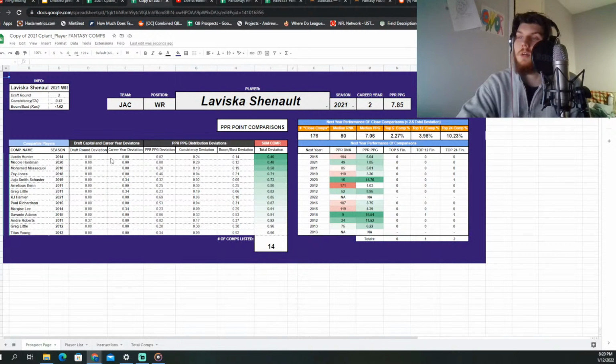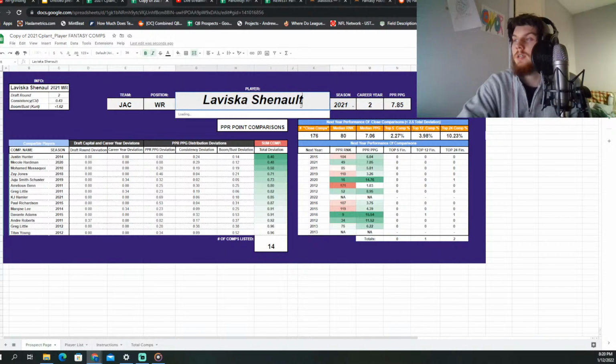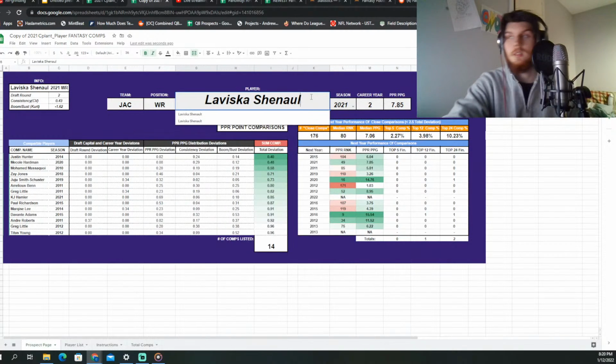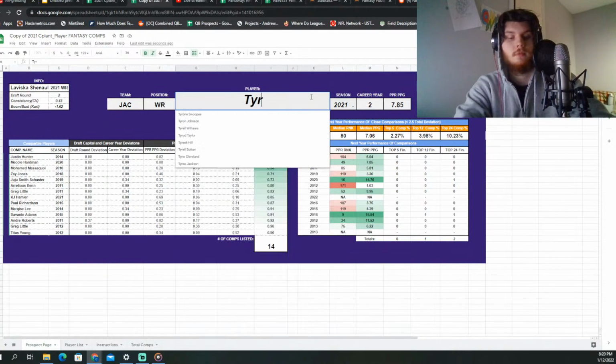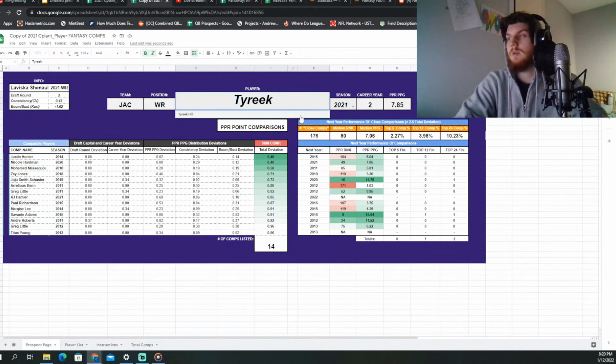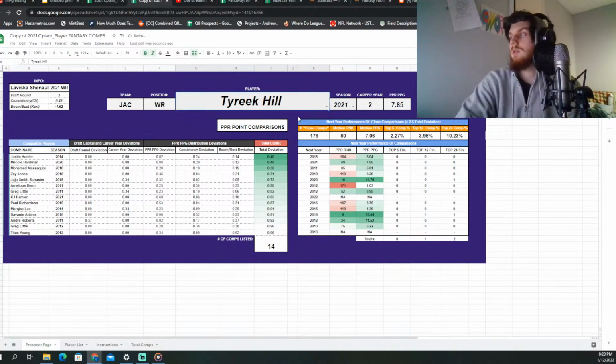So it's as simple as changing the player's name. Like, let's look at Tyreek Hill. If you wanted to see Tyreek Hill, you change his name and then wait for it to load.